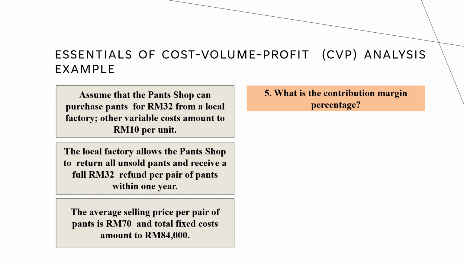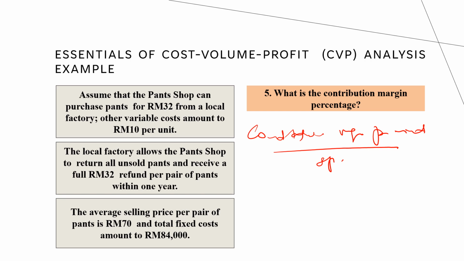Okay, look into this question. They ask you what is the contribution margin percentage. Then you have to know that in order to calculate the contribution margin percentage, or we can call it contribution margin ratio, it is the contribution margin per unit divided by selling price.